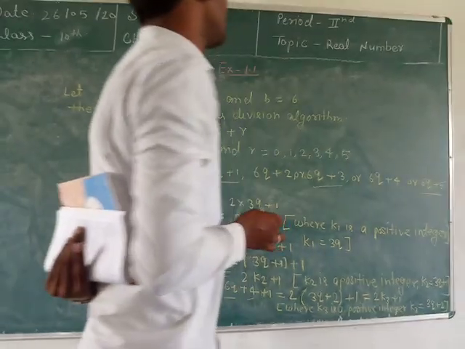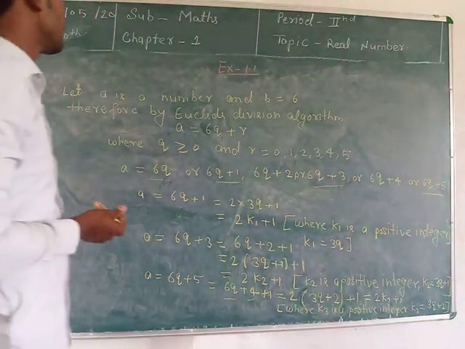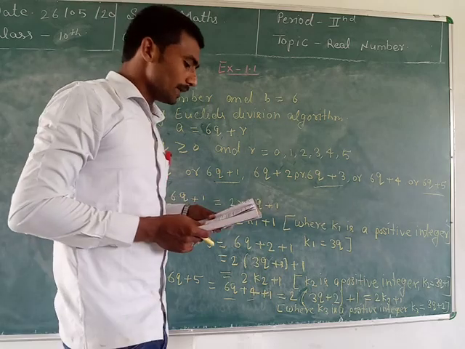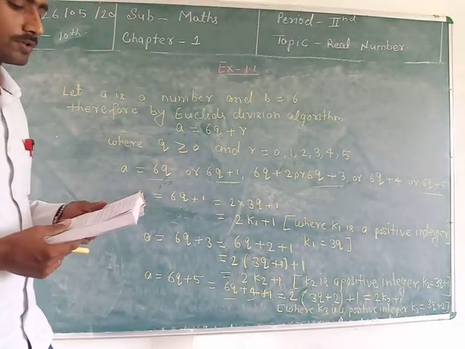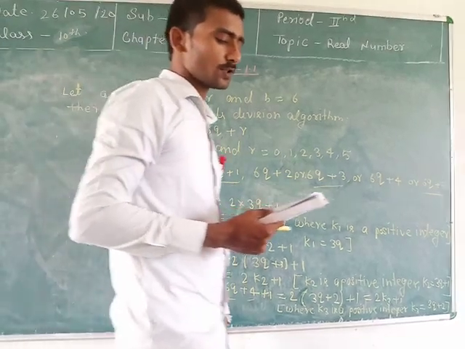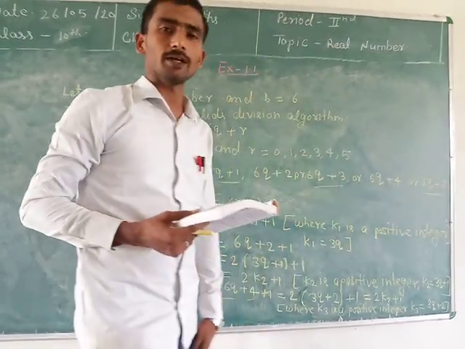Now we can say that any positive odd integer is in the form of 6q plus 1 or 6q plus 3 or 6q plus 5. Okay.